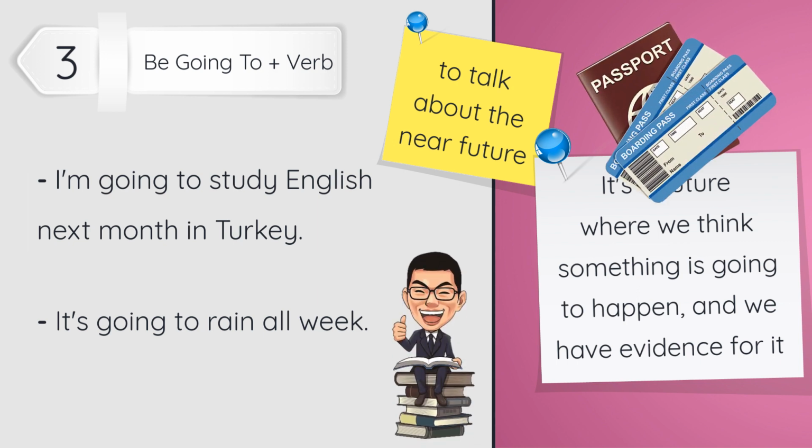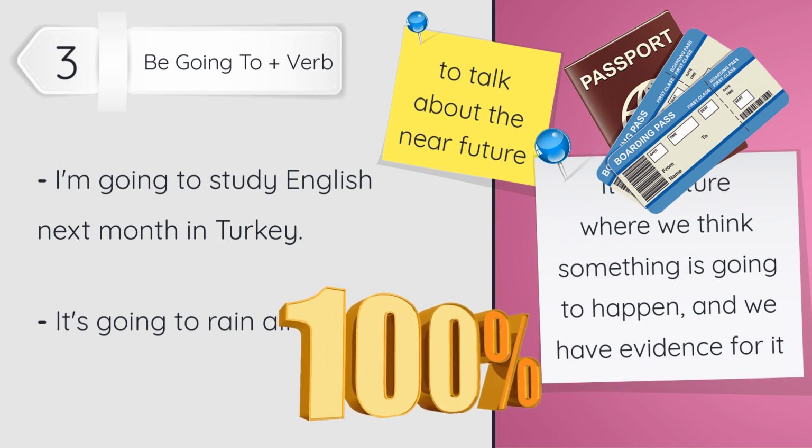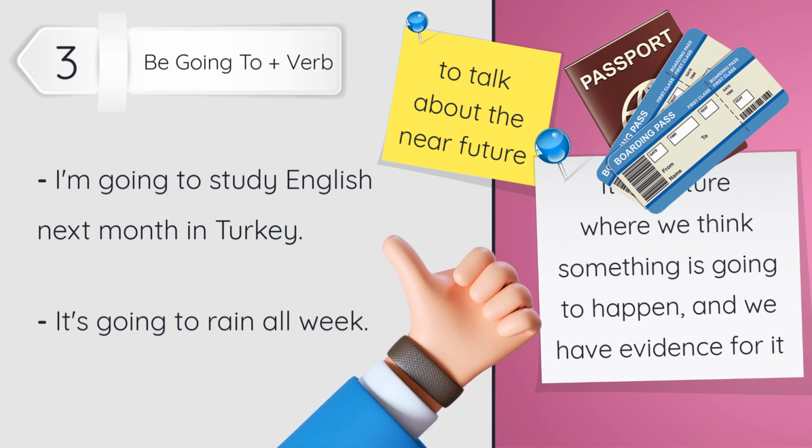This means you probably have your ticket already bought. You're pretty sure about this. There's not a lot of confusion. This is almost certainly going to happen. So you're pretty sure about this. I'm going to study English next month.